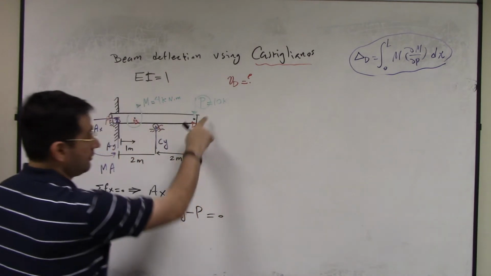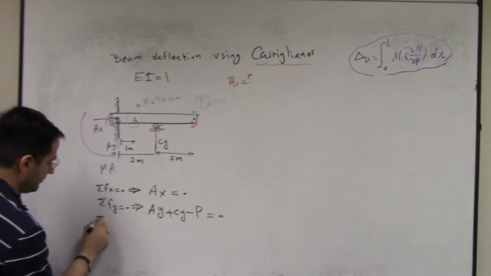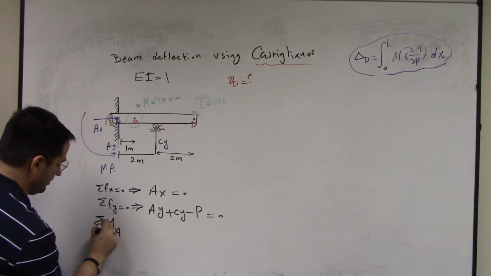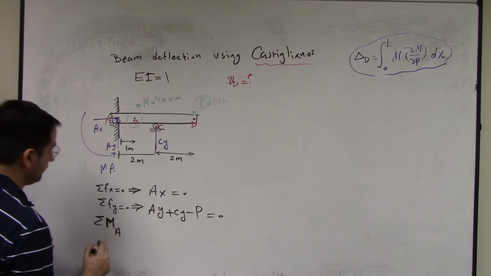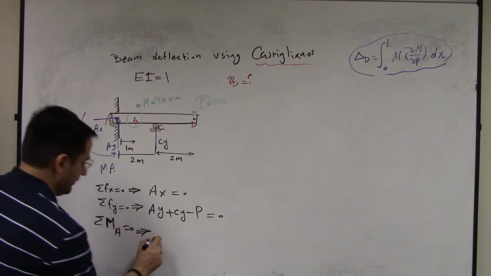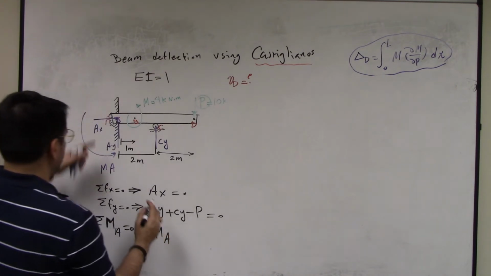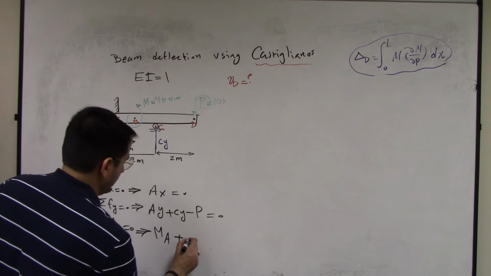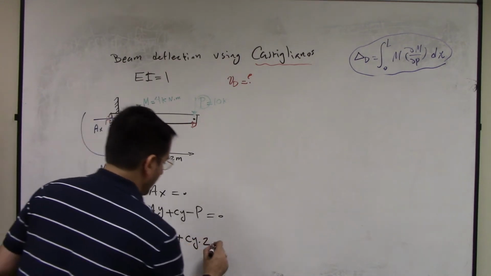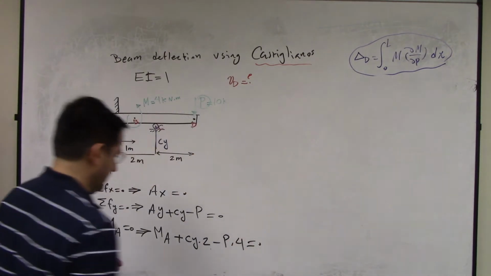You see, this is not 10K, this is just P. At the end, it becomes 10K. And then summation of moment around A is going to be 0. And that's going to give you MA plus CY times 2 minus P times 4 is equal to 0.